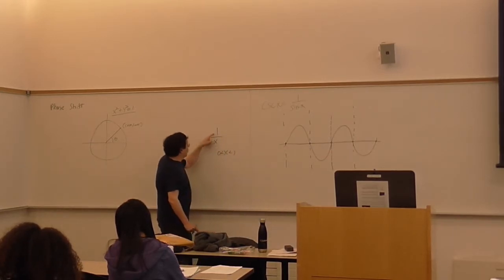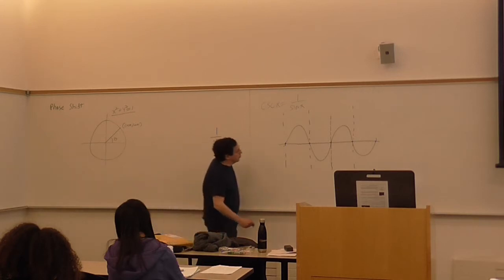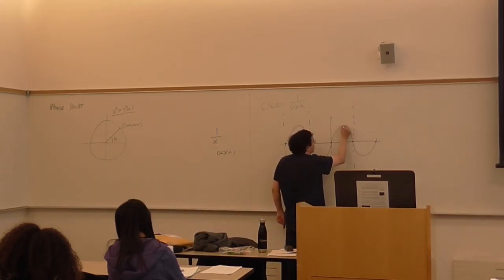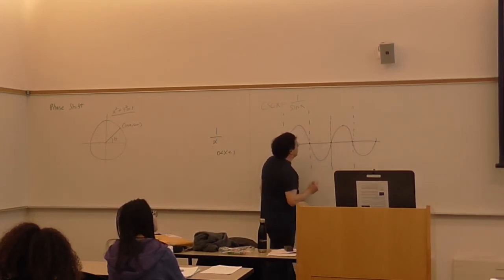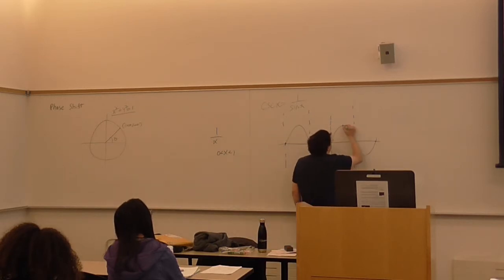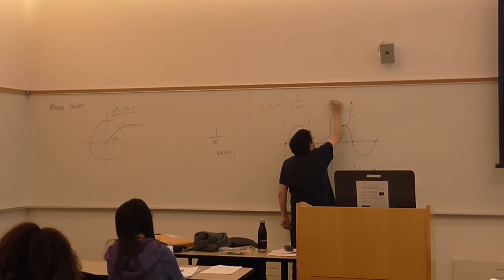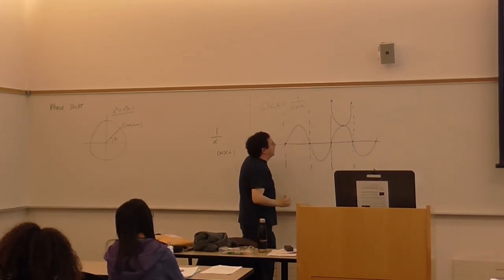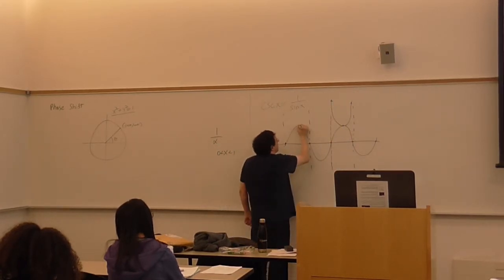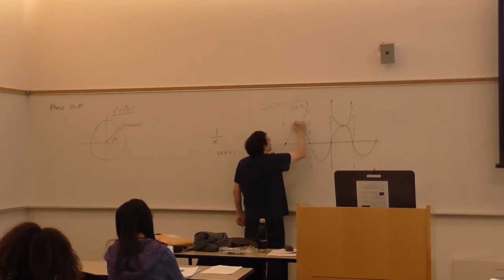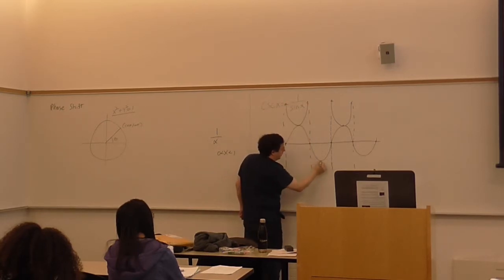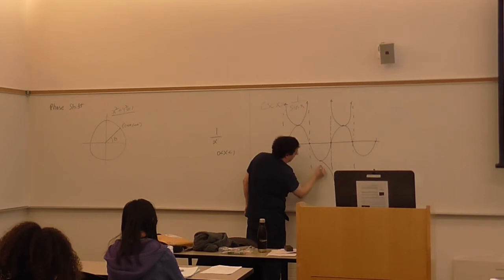Right? What's 1 over 1? 1 over 1 is 1. So where the sine function is 1, the cosecant will be 1. Everywhere else, it's going to get bigger. There's an asymptote here. This is a periodic function, so this is going to repeat. And then down here, the same thing is going to happen.